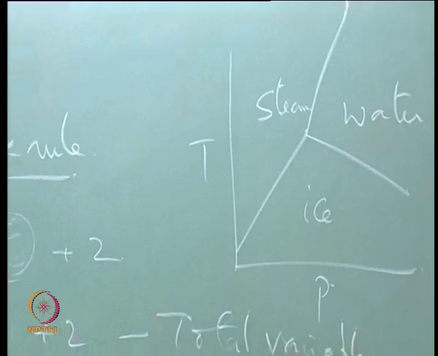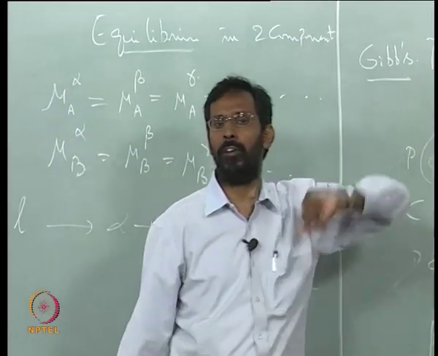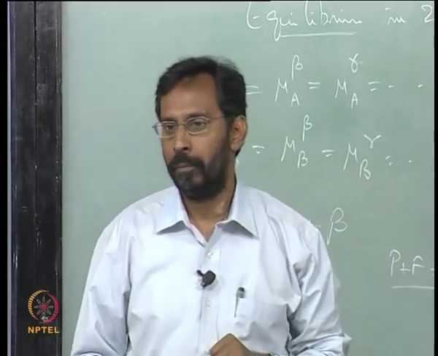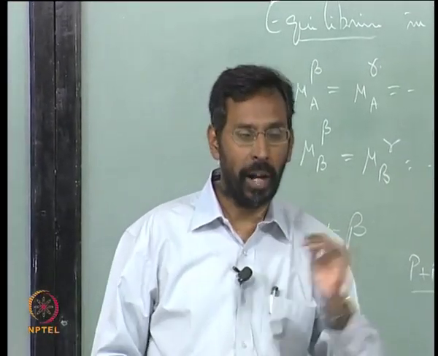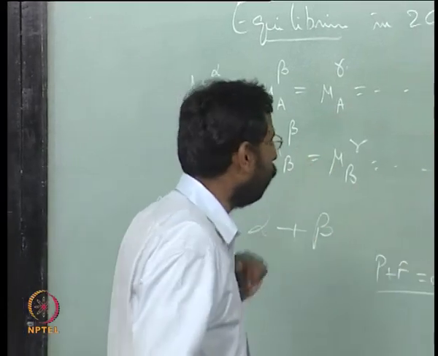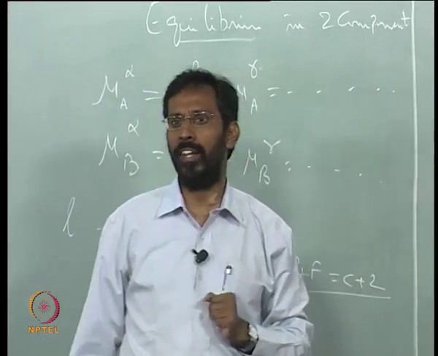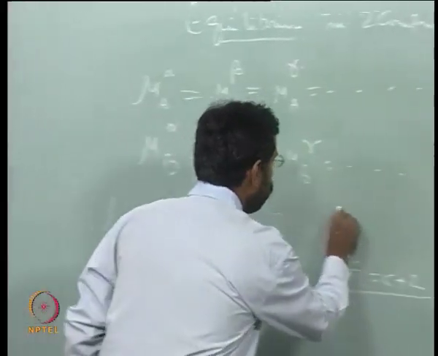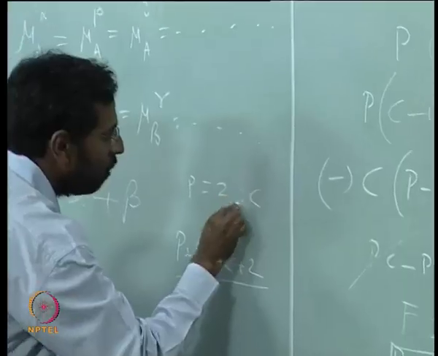Whenever ice is becoming water, how many phases are involved in the process? There are two phases, one changing into the other. And how many components are there here? There is one component. So P is 2 and C is 1.